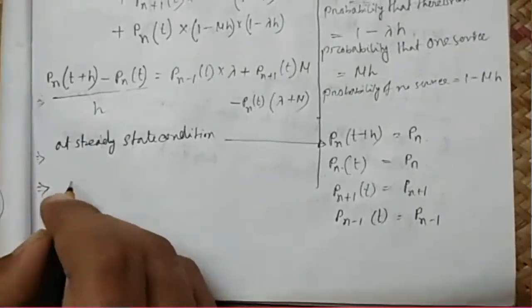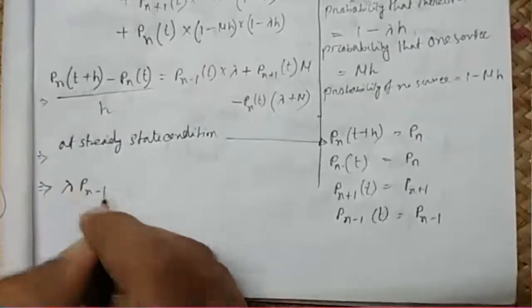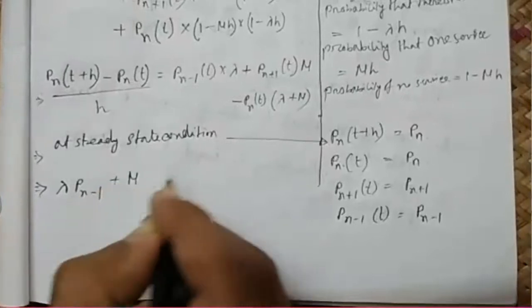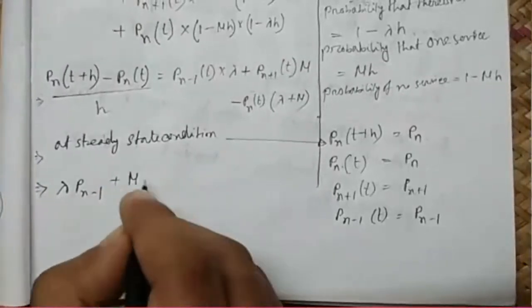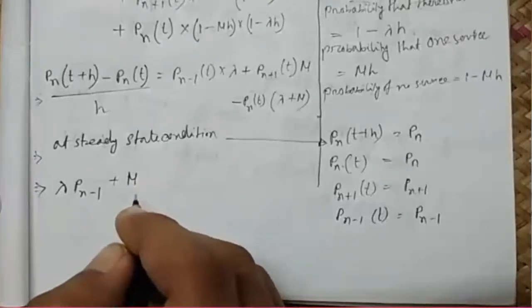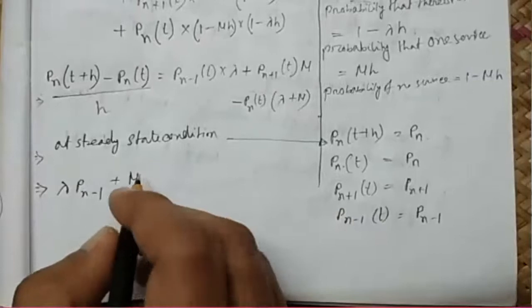Now we can rewrite the equation. Upon rearranging, we get lambda into Pn minus 1, plus, because these were minus, we take this one on the other side.